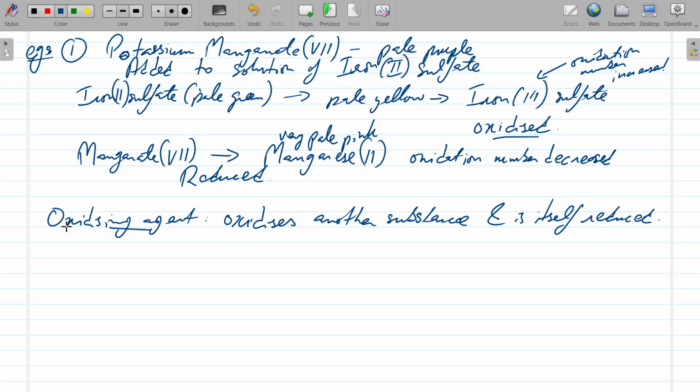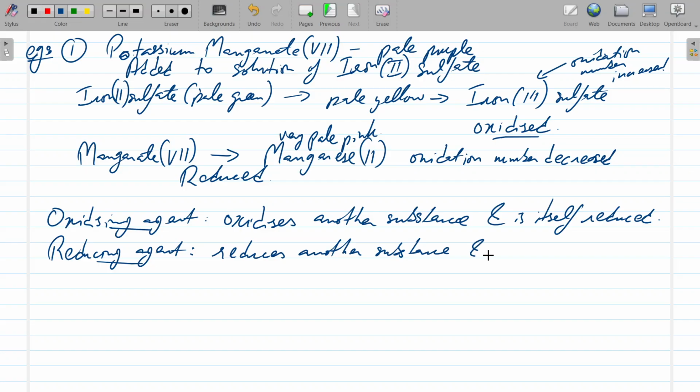That's an oxidizing agent. And on a similar note, a reducing agent reduces another substance and is itself what now?